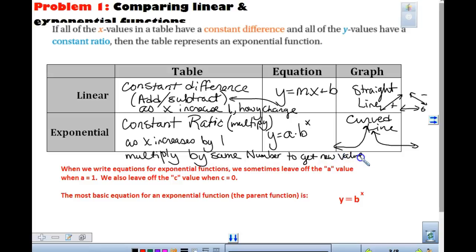What's nice about that is later you're going to be asked to look at a table or to look at an equation and try and write equations, and our equations will kind of be in this form that we are going to be looking at.